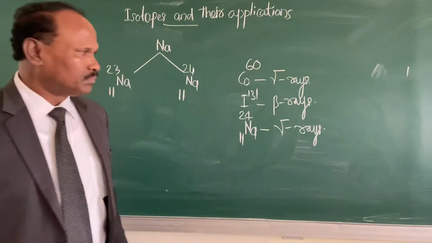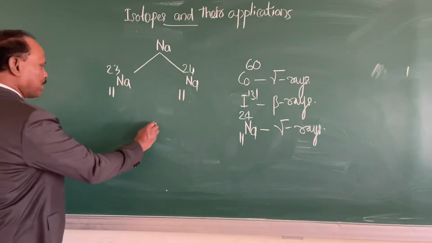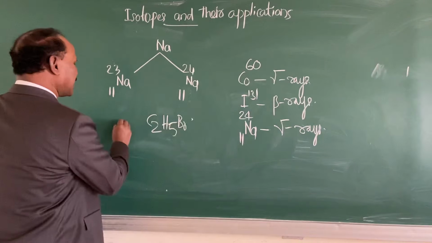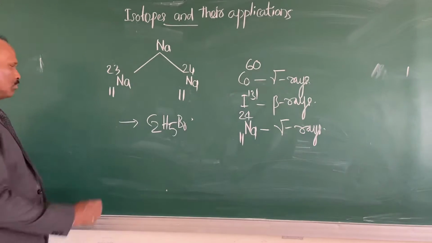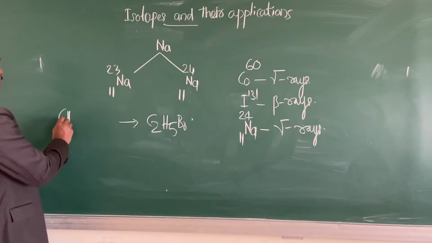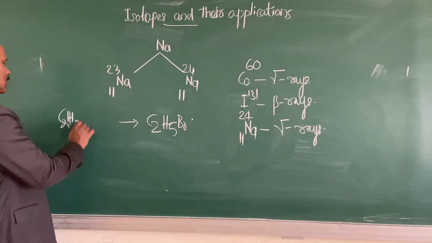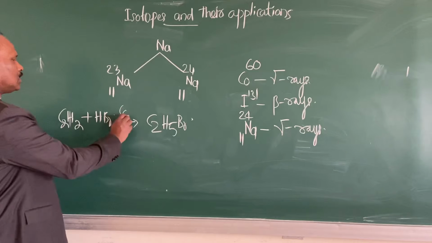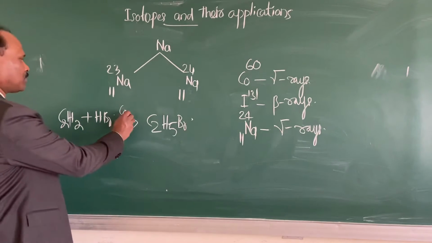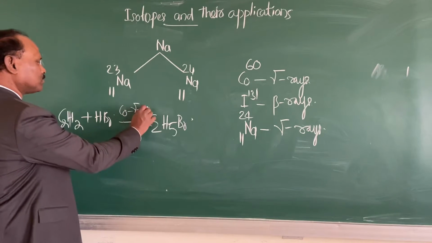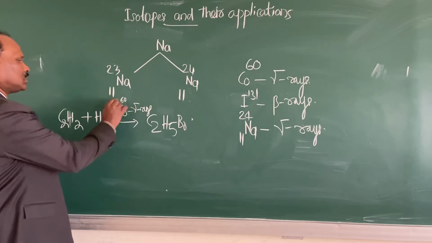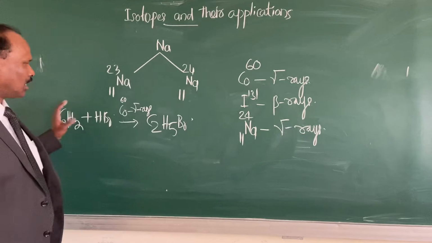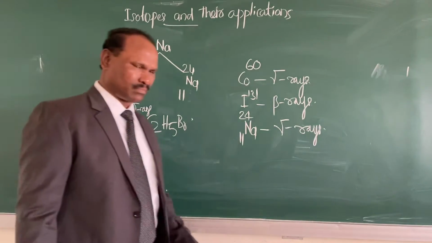For example, in the preparation of ethyl bromide by combining ethene with hydrogen bromide, the gamma rays obtained from cobalt-60 are used as the catalyst there.